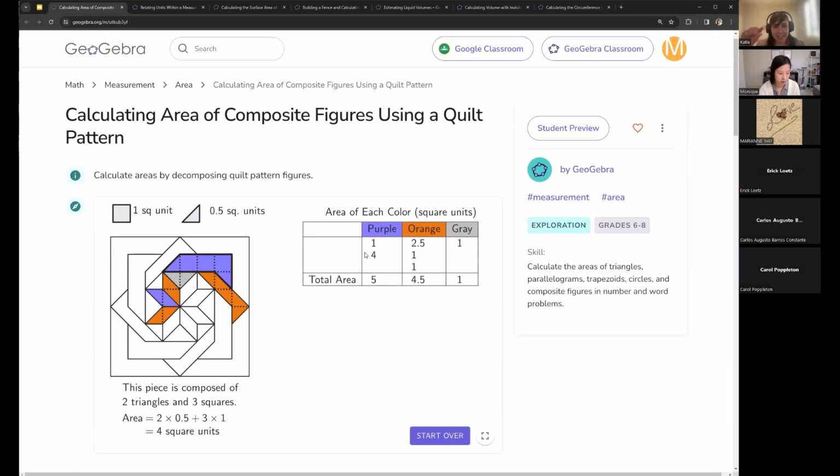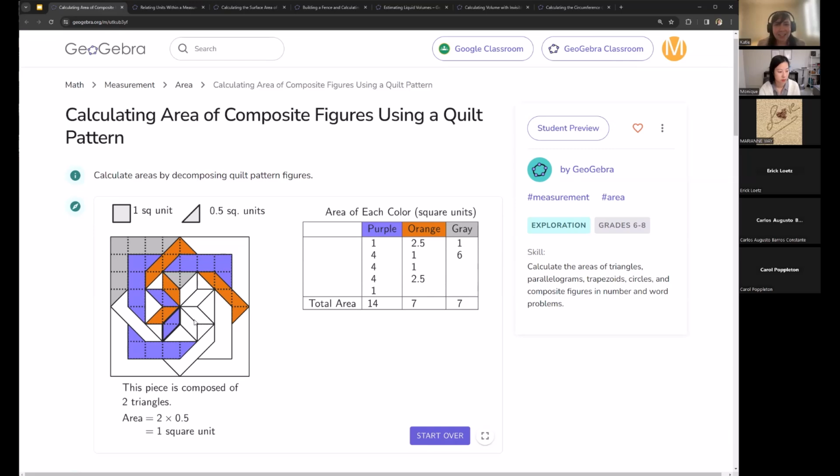It may look like some funky little pentagon or hexagon, but it's actually composed of unit squares and triangles that represent half square units. And as you're clicking along, you can see the dashed lines indicating the different shapes that are composing each of those figures.